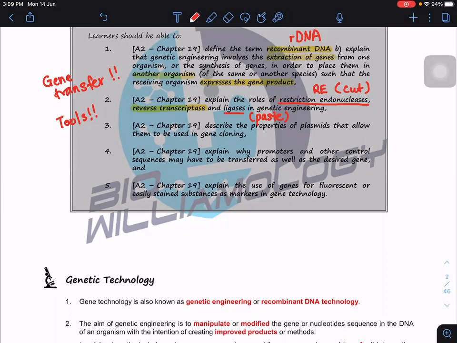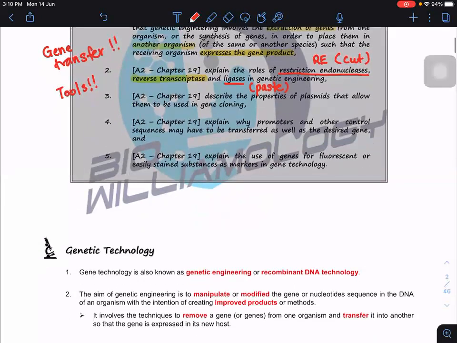So who helps us transfer the gene of interest, the insulin gene, into the bacteria? We need to depend on what we call the vector. Plasmid is what we are going to focus on. We call it a molecular vector, the one that helps us transport the gene of interest into the bacteria.